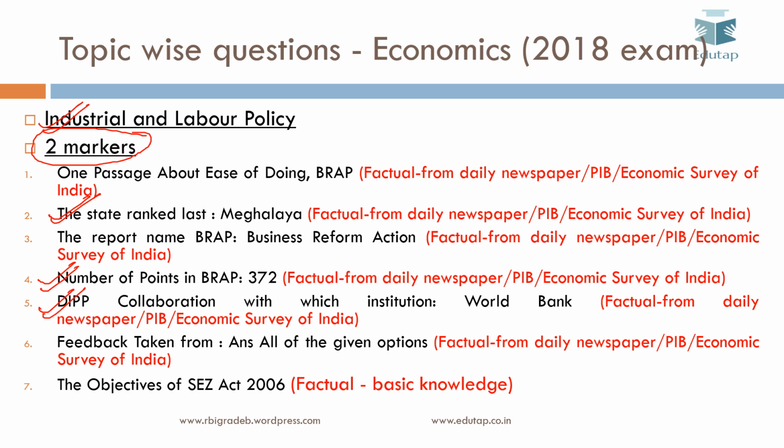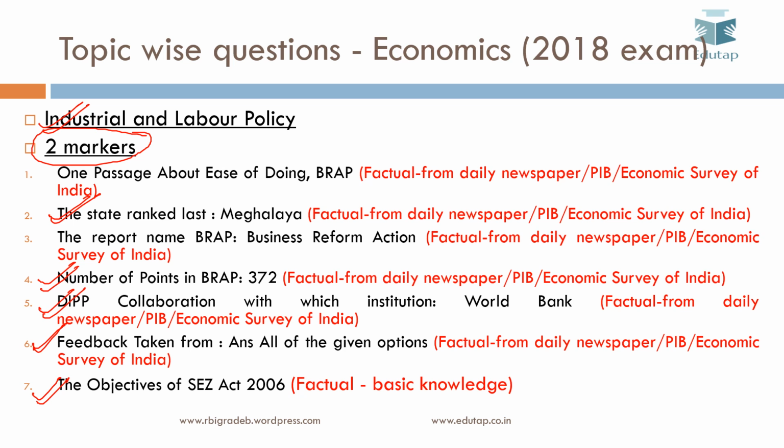Now feedback taken from, what are the stakeholders from whom the feedback is taken. So again you can see that this is an important question based upon that paragraph. Then you have objectives of SEZ Act. So this is a question that was asked, but we are not very clear about this particular question, but we have still gone ahead and included this here.